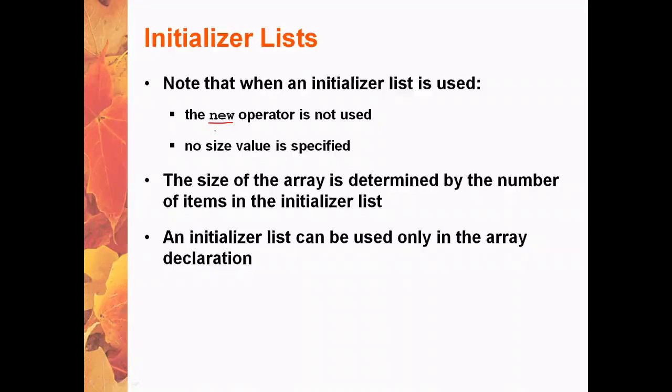When you use an initializer, no size value is specified. The size is automatically determined depending on the number of values which we are storing in the array. So there is no need to specify the size of an array when you are using an initializer list. As I've said, the size is determined by the number of items in the initializer list. An initializer list can be used only in the array declaration, remember.